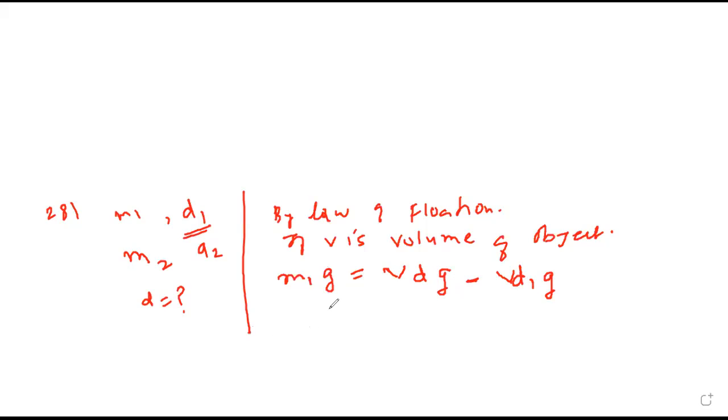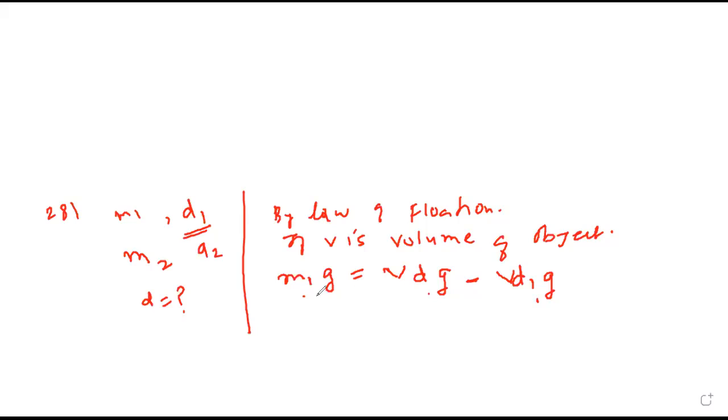This is the weight of the body, balanced by m1g. This V d g is its weight, minus V d1 g is nothing but upthrust.